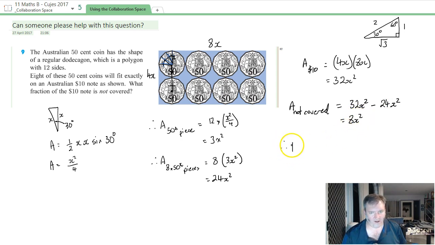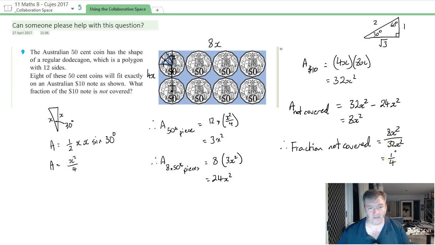Therefore, fraction uncovered, or not covered, equals 8x squared out of the total area, which is 32x squared, or just 1/4.